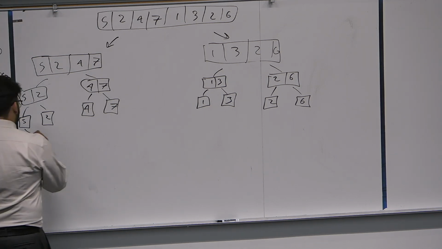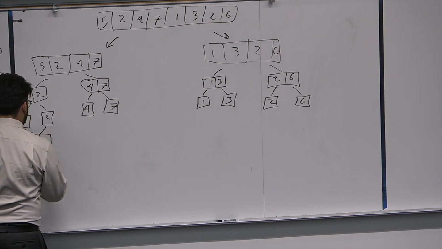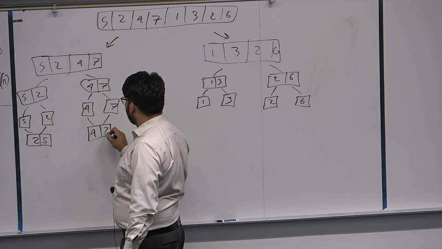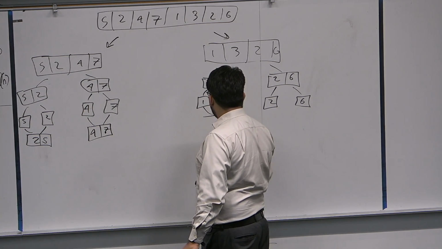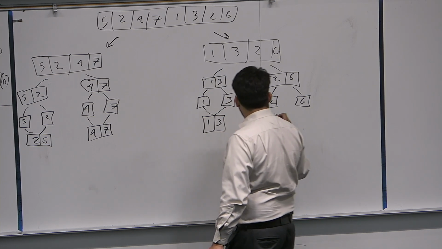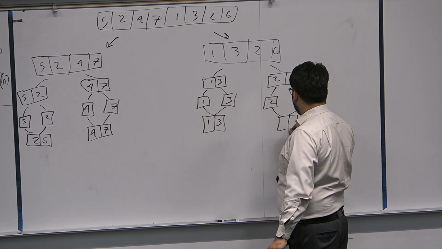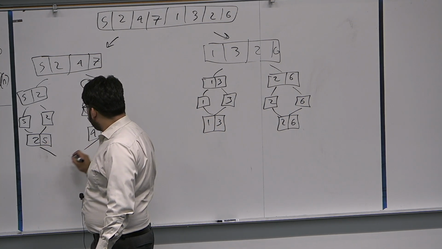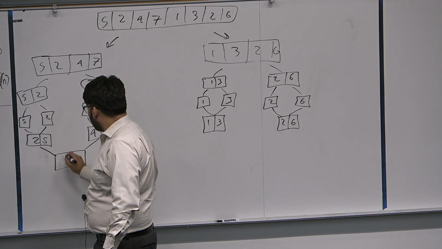Yes, they swap. After the return, it's going to be 2 and 5. Same thing here; these are not going to swap, these are not going to swap, and these are not going to swap. Now, what happens when you merge 2, 5, and then 4, 7?